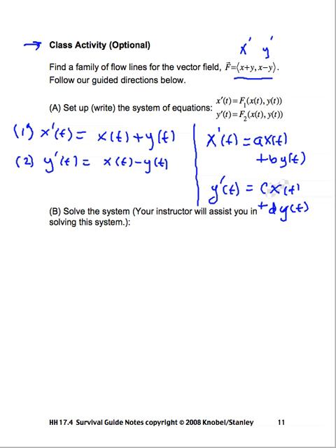It's going to be second order, which means it'll involve the second derivative, but I'm going to eliminate y from the differential equation, so it will only involve the function x. So how do you do that? Well, number one, I'm going to differentiate equation 1 with respect to t.